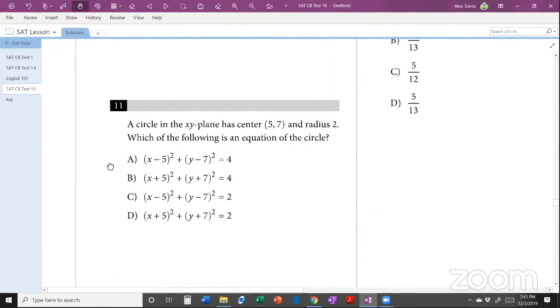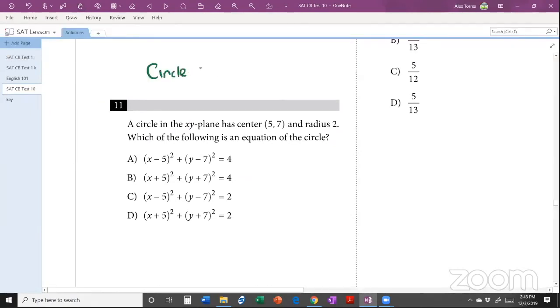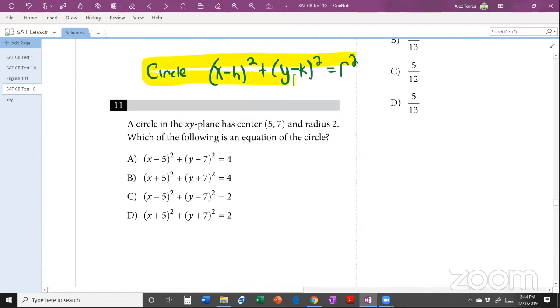Now we're going to 11. So here they're just asking us for the equation of a circle, and you should definitely know this equation by heart. The SAT asks about it often enough. So this is the equation of a circle. (x minus h) squared plus (y minus k) squared equals r squared.